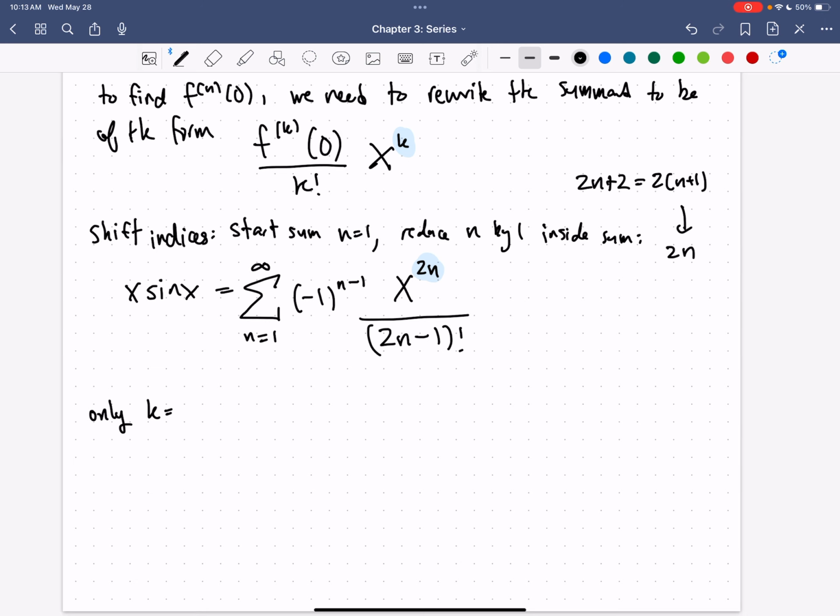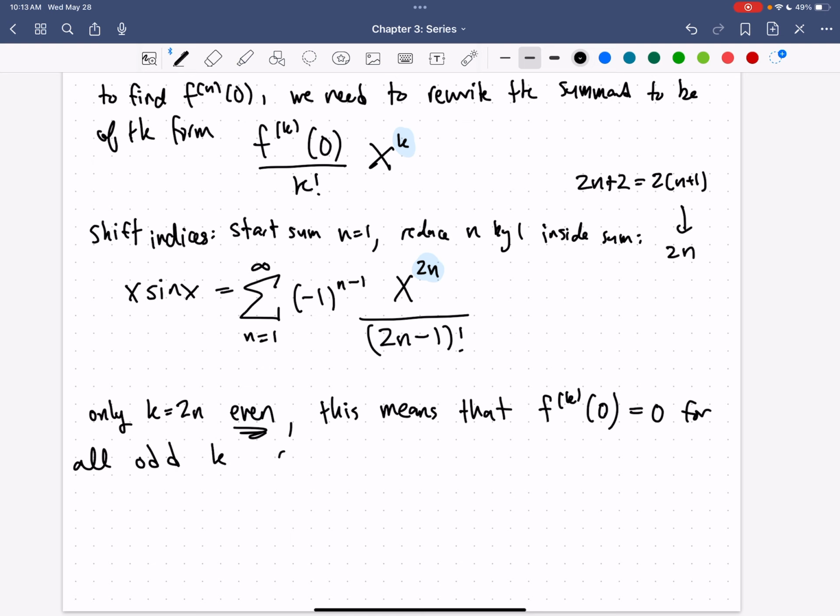So because we only have k equal to 2n even, this means that the kth derivative of this function at 0 is equal to 0 for all odd k. So we could also write it as saying the 2n plus 1th derivative, because 2n plus 1 is odd, of this function at 0 is equal to 0.